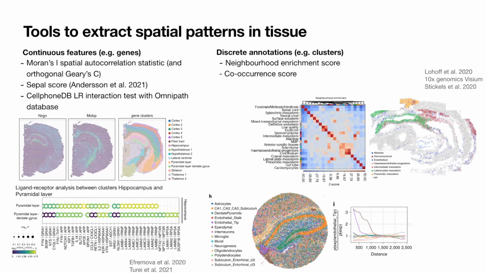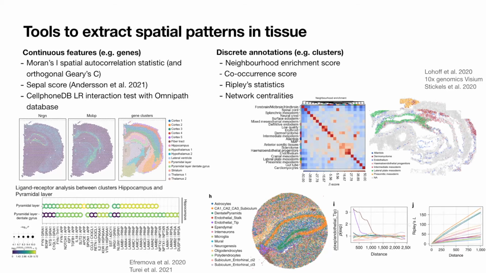In addition, you can also calculate the Ripley statistics, which tells you something about the degree of clustering or dispersion of a certain cluster or a certain cell type. So this is not comparing two different clusters like the co-occurrence score or the neighborhood enrichment is doing, but this is really just looking at one individual cluster, one individual cell type.